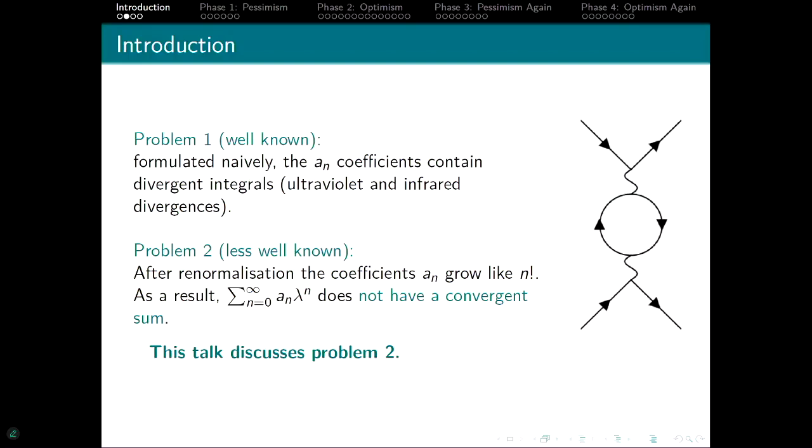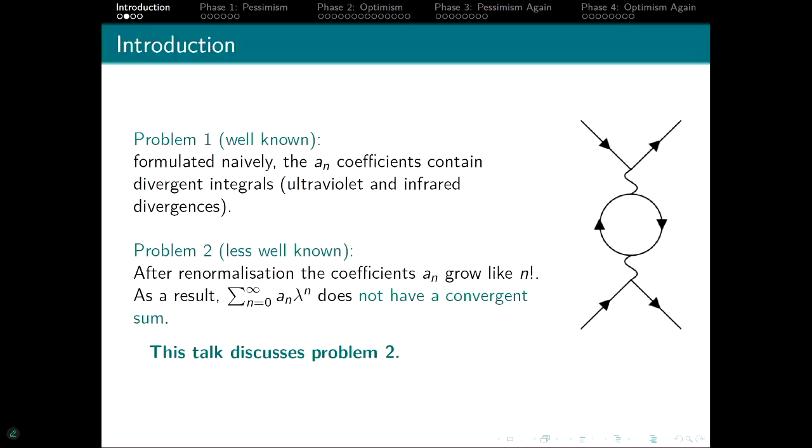But in this talk, I'm going to be focusing on a second issue that arises with this perturbative treatment of interactions. Even after these issues have been dealt with by renormalization, once all of the coefficients of the series have been assigned a finite value, we have very strong arguments for thinking that they're going to grow factorially, essentially.